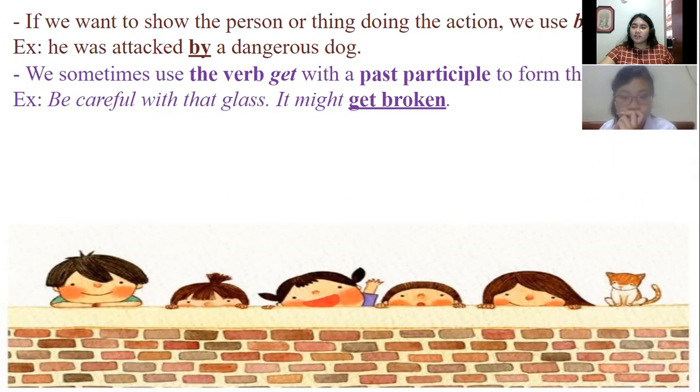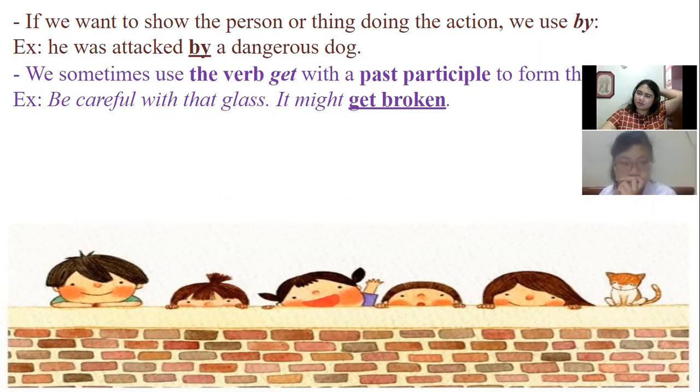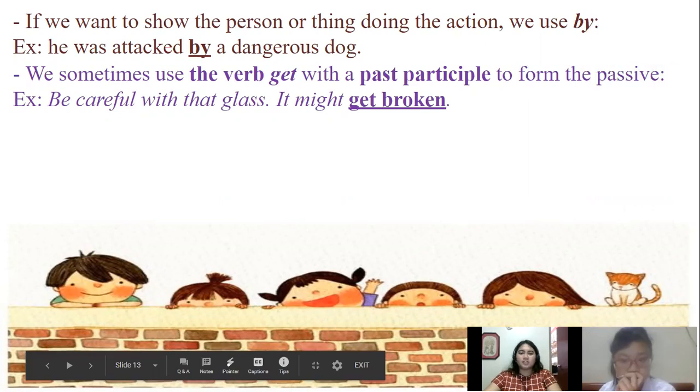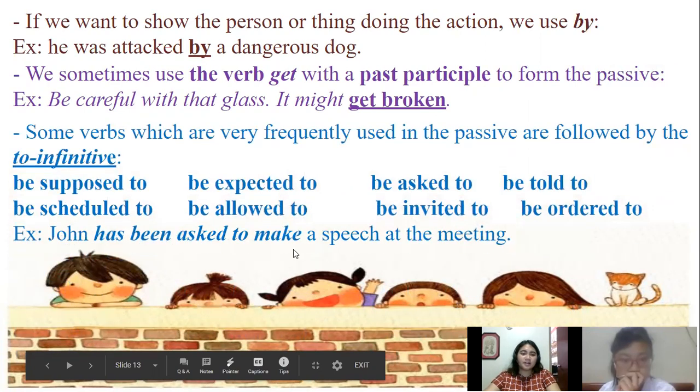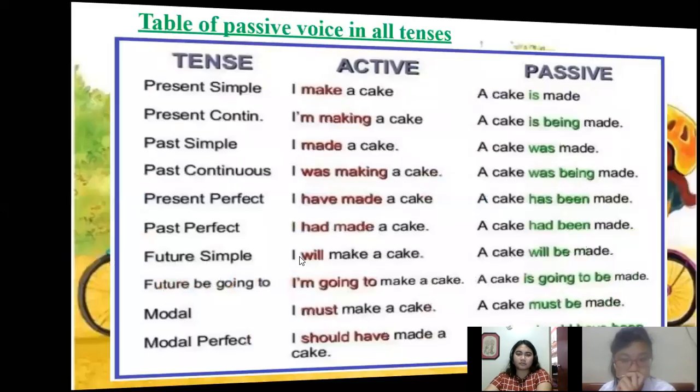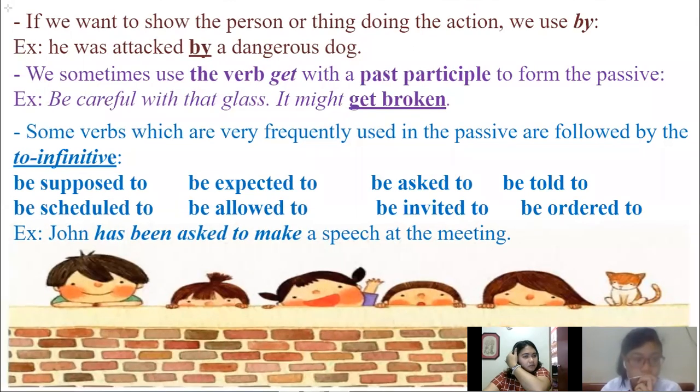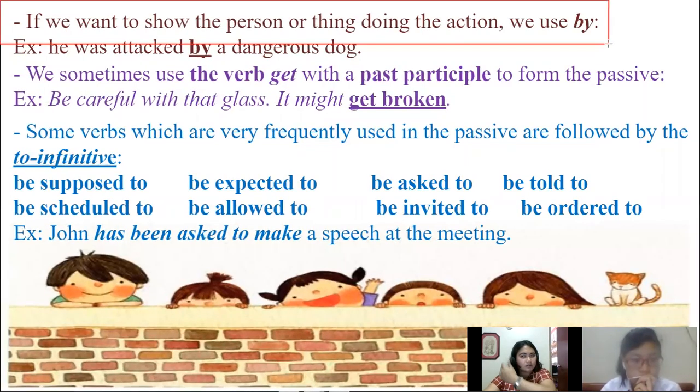Okay, so there's another structure. Okay, so there's another example here. Can you please read this? If we want to show the person or thing doing the action, we use by.